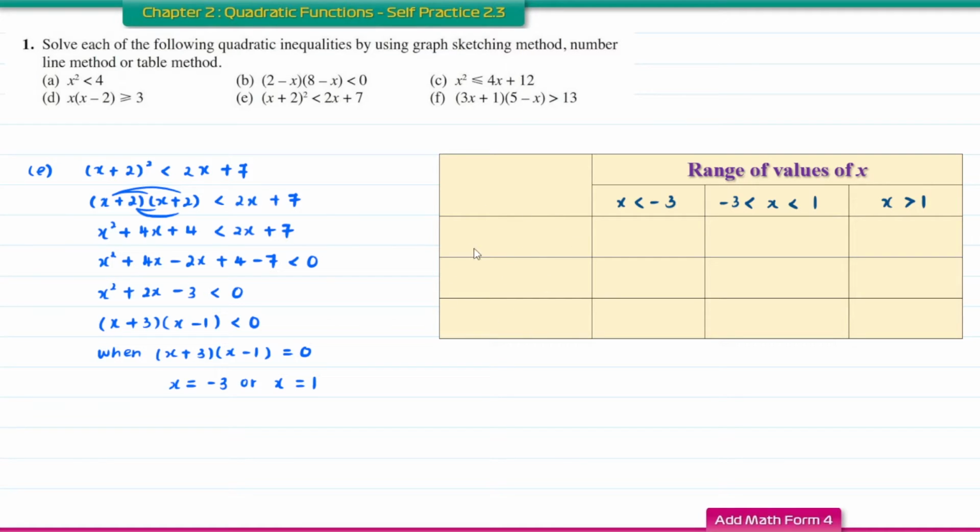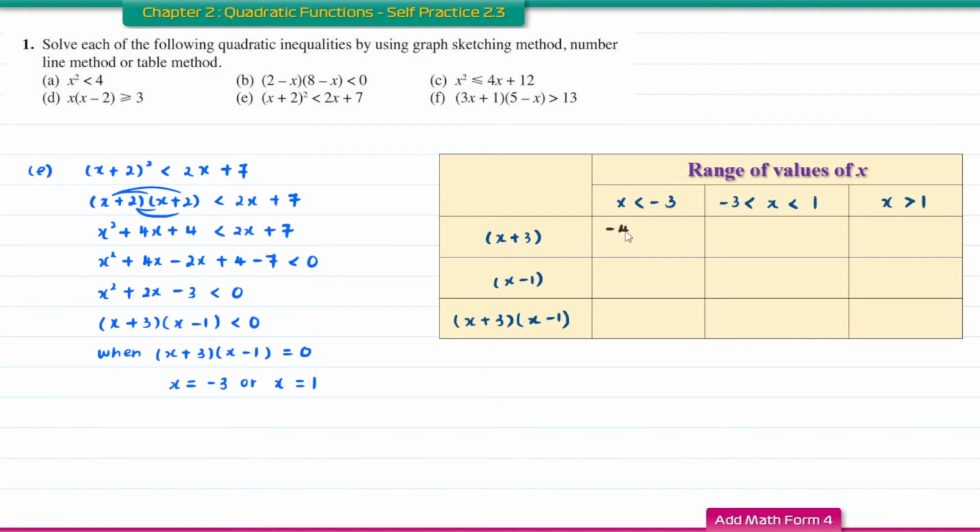And for this column here, we want to fill in the factorization part that we did here. So this is going to be x + 3, this is x - 1, and this is the combination of the two brackets, (x + 3)(x - 1). Now, to solve this, for the range x less than negative 3, we're going to choose a number, for example, negative 4, and insert it into the x that we have here.